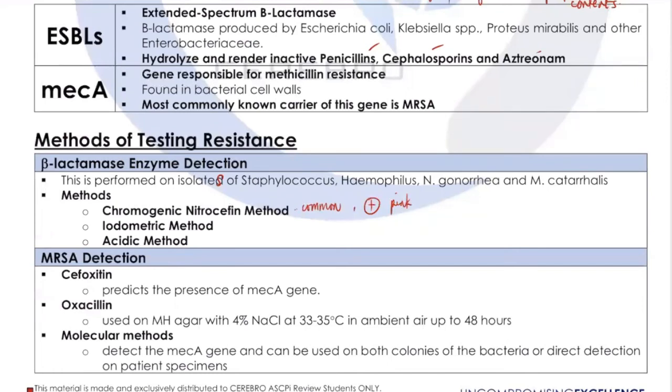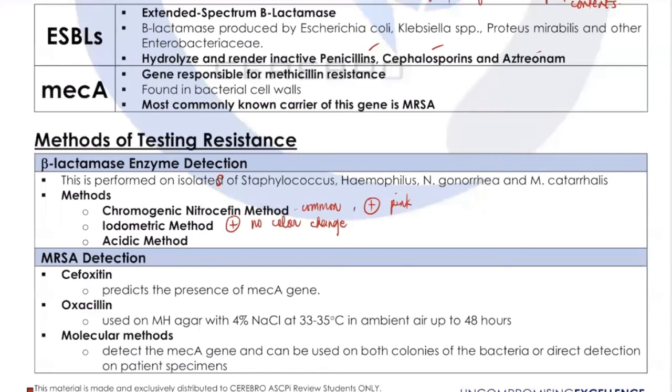Okay? Then we also have the iodometric method. Okay? So the positive result here is no color change. Okay, no color change. So in the iodometric method, gumagamit tayo dito ng starch solution dried on a filter paper. So meron tayong filter paper, tapos nilalagyan natin siya ng starch solution, tapos pinapatuyo natin siya.